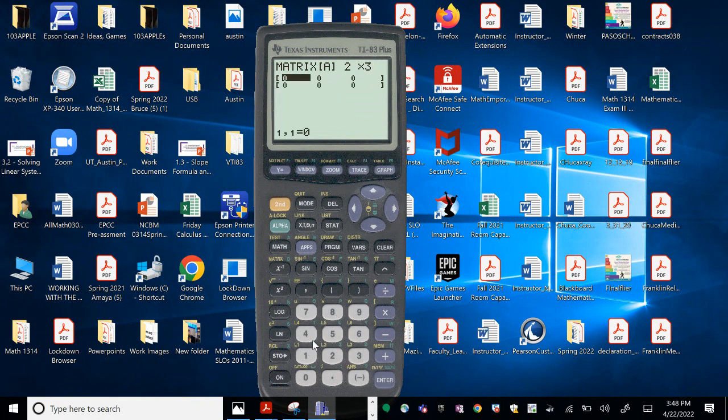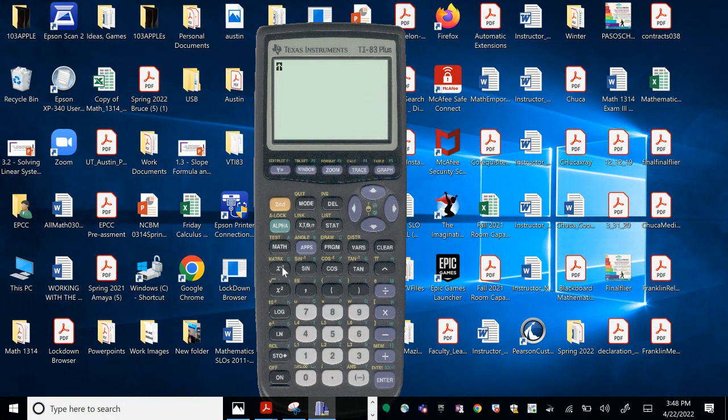I'm just going to make up numbers right now because I don't remember what the other numbers were, so I'll just put a 4, a 5, and 12. Hopefully it has a solution. And then a 1, and an 8. Okay, so you enter your stuff in there, and then you just press second quit.